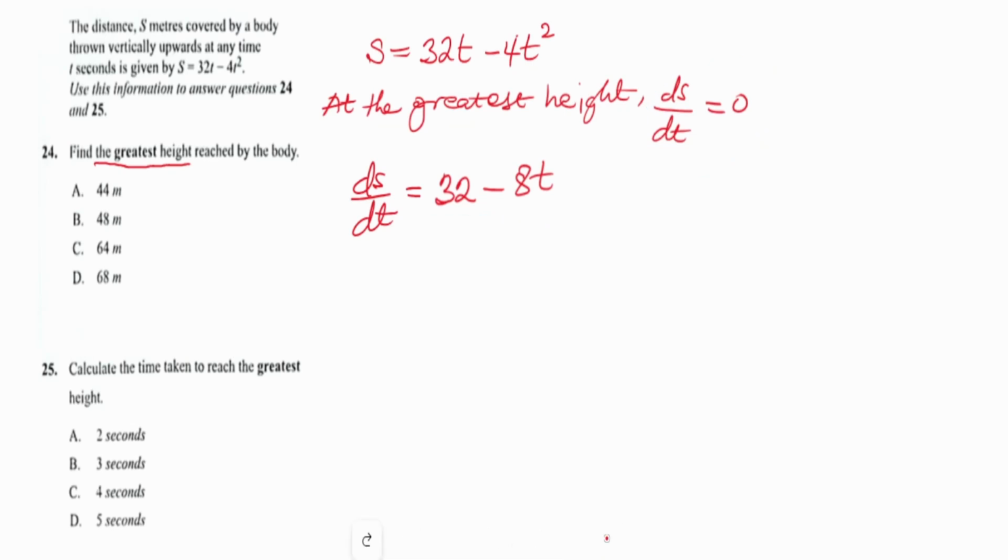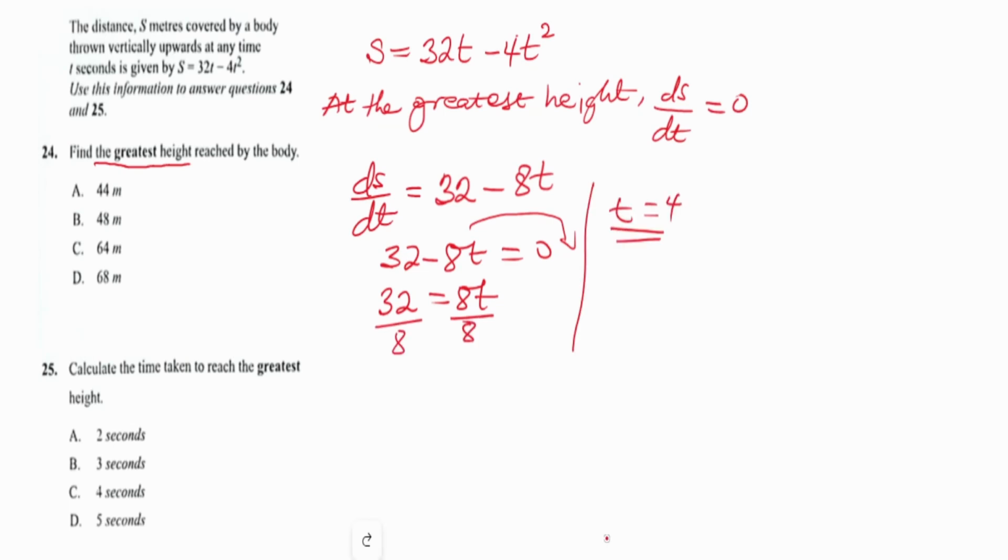That means 32 minus 8t equals 0. When we move 8t to the right side, we get 32 equals 8t. Dividing both sides by 8, t will be equal to 4. This means that at the greatest height, the time equals 4 seconds.